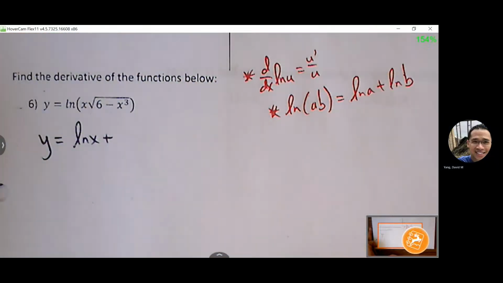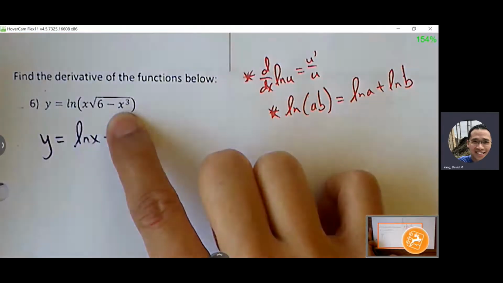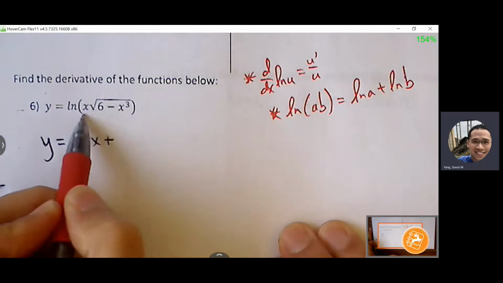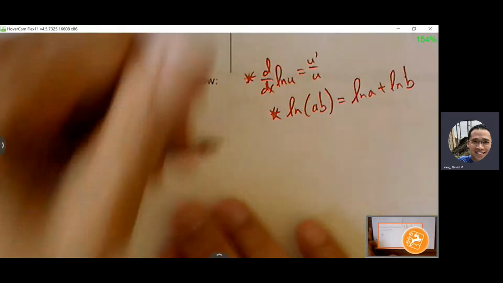Would you use 6 times 6? Yeah, we can do that. We know it's going to be natural log of the second term, but we can just go ahead and clean that up as well. Replace that radical with a rational exponent.